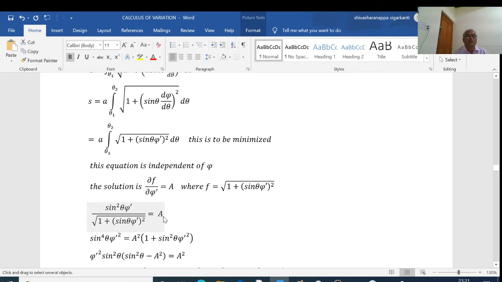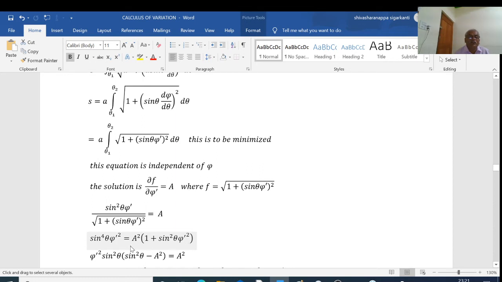is equal to constant quantity a. Squaring this one and taking this onto the right hand side, I am getting sin 4th theta phi dash square is equal to a square into 1 plus sin square theta phi dash square. Okay, here we have a square into sin square theta phi dash square.